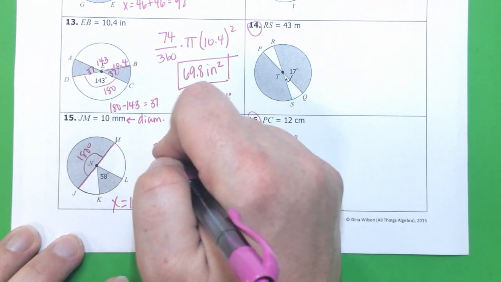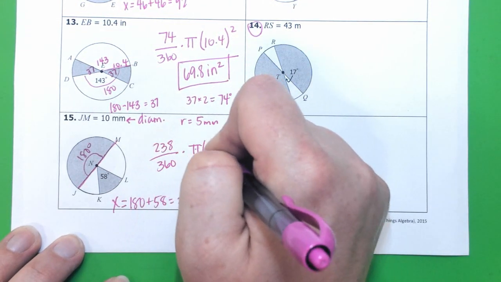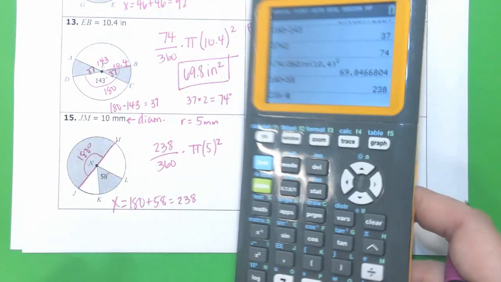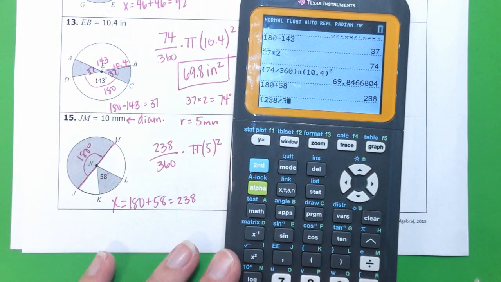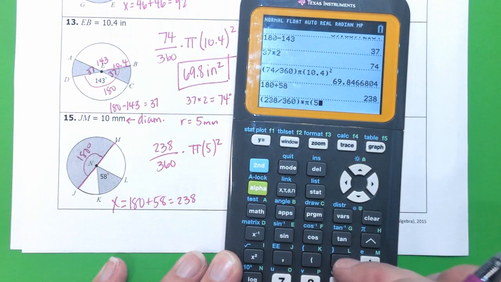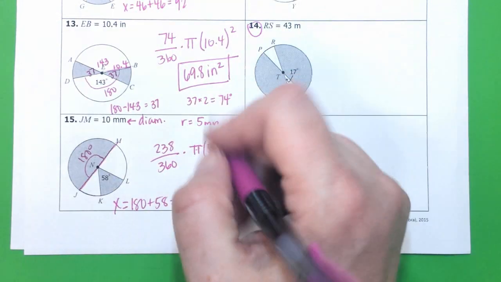All right, so it'll be 238 over 360 times pi times 5 squared. Just forgot to put my parentheses. Parentheses 238 divided by 360 times pi 5 squared is 51.9 millimeters squared.